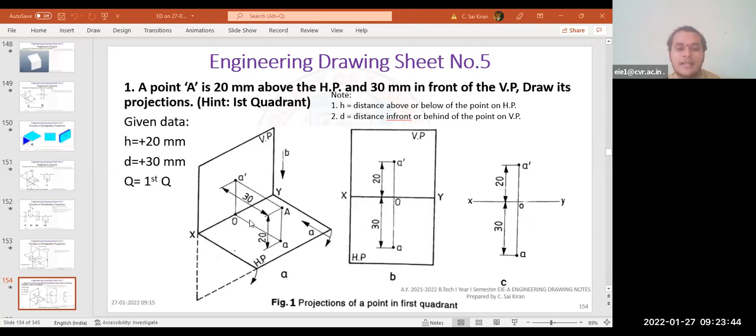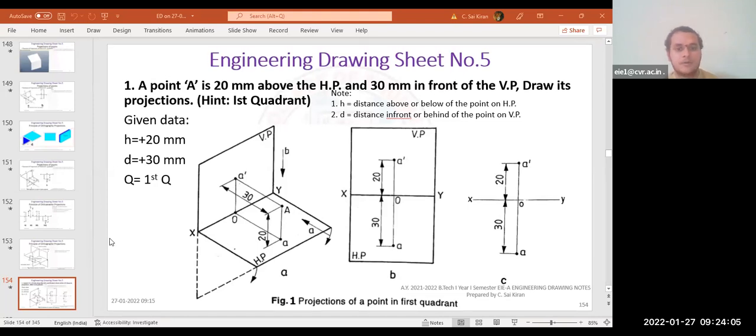With respect to the H distance, you will get the front view. The front view you need to represent as a small letter a dash, and this is my D distance. The D distance is the top view, which you should write as a small letter. These are the things you need to remember before starting the problem.